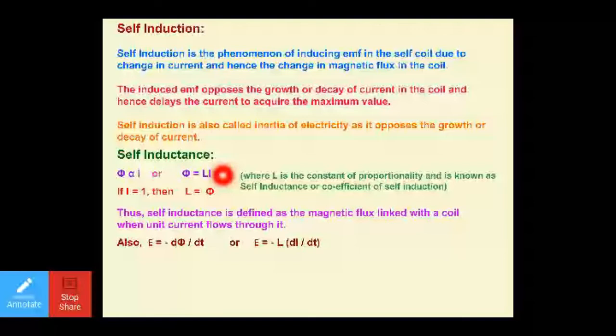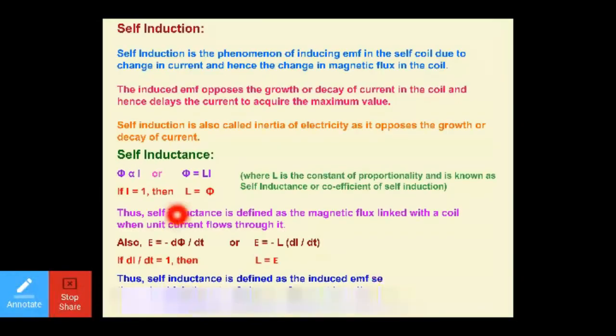Now furthermore, you can also write E is equal to minus d phi by dt, right? And you already know the value of phi. If you see here, this is d phi, and the value of phi is Li. So I am placing here the value of phi, that is Li. So E is equal to minus L di by dt.